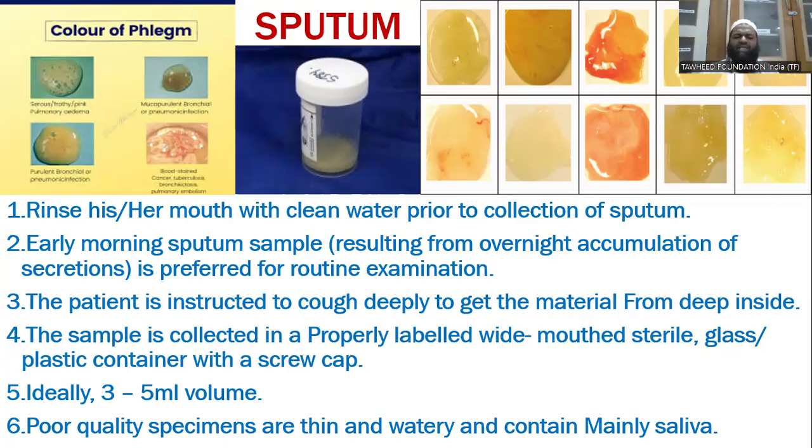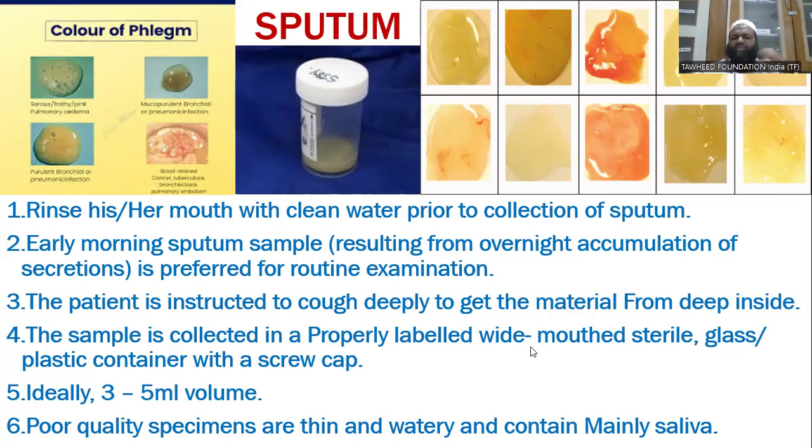The sample is collected in a properly labeled wide-mouthed sterile glass or plastic container with a screw cap. Once he collects the sample, he needs to put the cap on and tighten it. Ideally, the volume should be 3 to 5 ml.